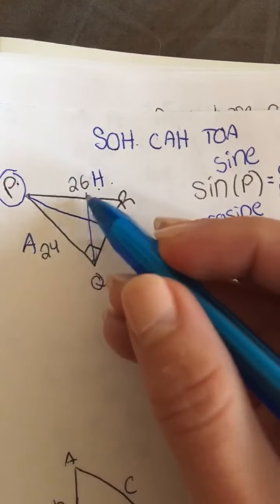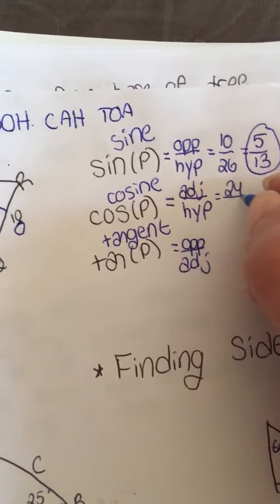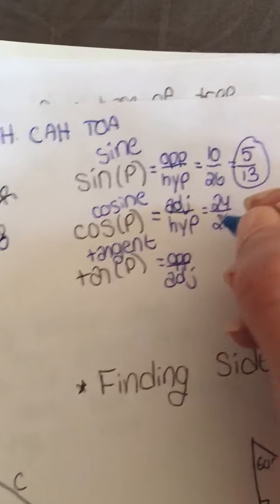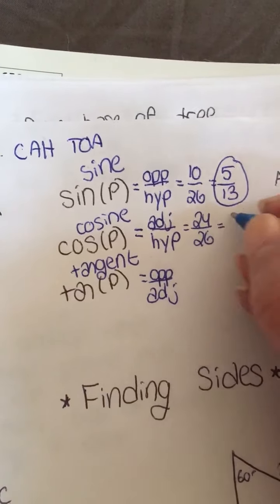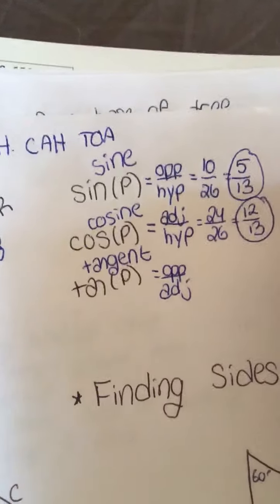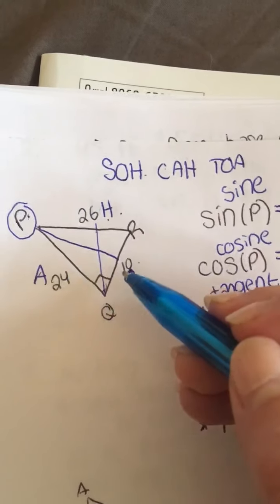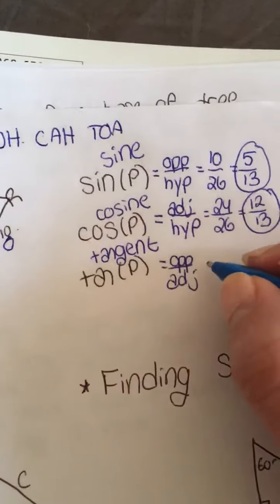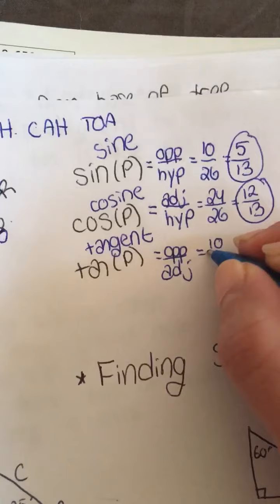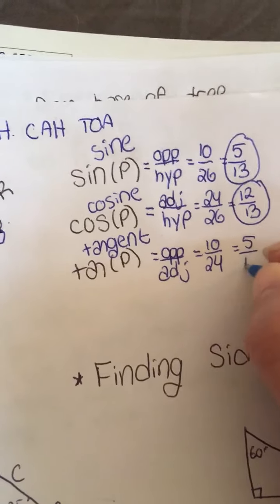So this would be 24 over 26. Again, you can simplify by dividing by 2 in this case. So that would be 12 over 13 for the cosine. And then to find the tangent, you're taking opposite over adjacent, so that would be 10 over 24, which once again you can divide both by 2, leaving you with 5 over 12.